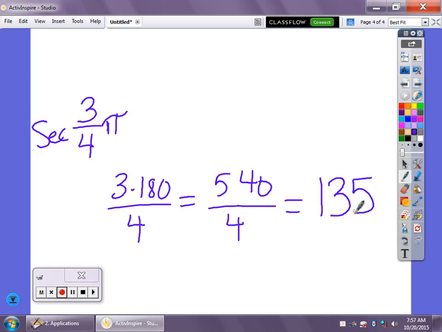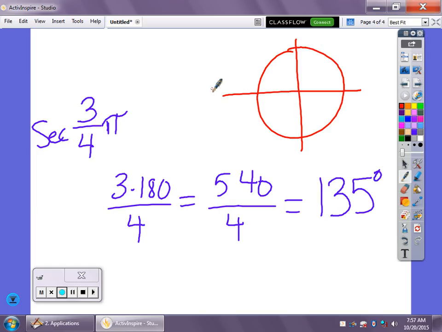Okay, double check the math. 135 degrees. Okay, I'm going to make a rough sketch of a circle. Here we go. 135 degrees is not quite 180. I have to go backwards 45 degrees, and that puts me at 135.